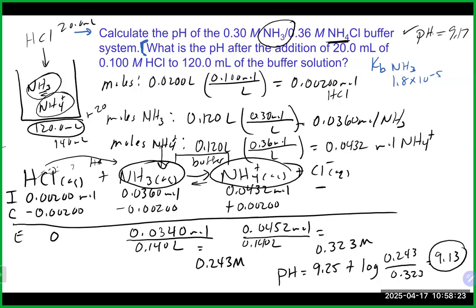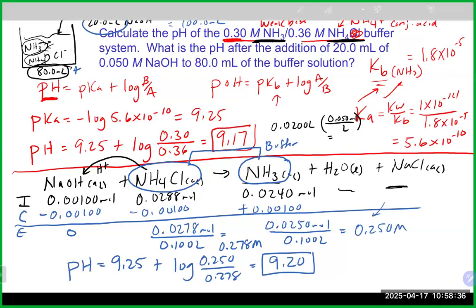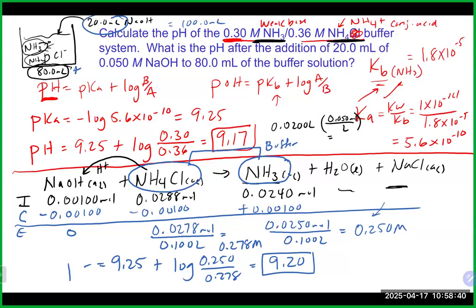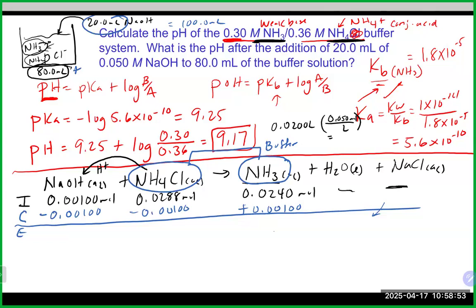All right, so like I said before, just to illustrate, if you wanted to use that previous equation with the pOH, since I did write it on this one here, and since we're towards the end, we'll take a look at how you would do it that way.